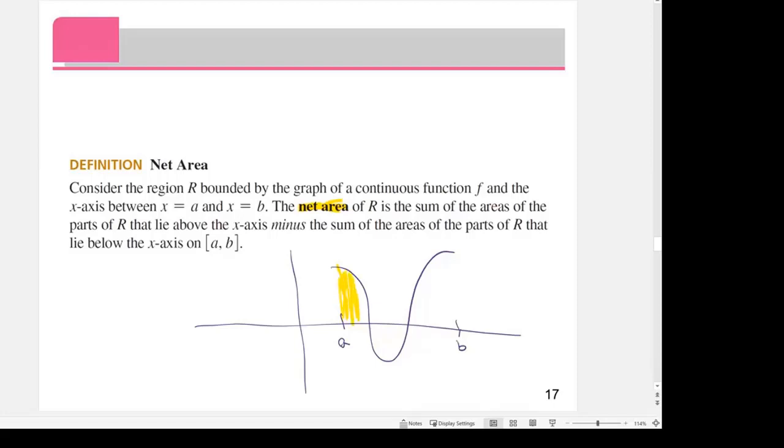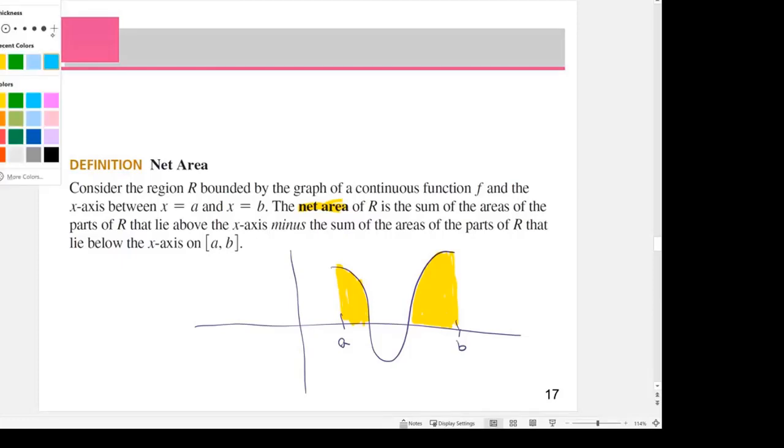So this side here and this side here, we add those areas. They lie above the x-axis.